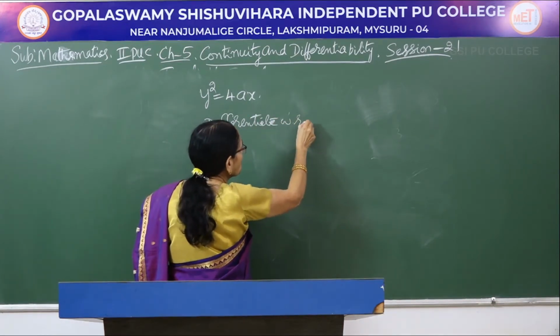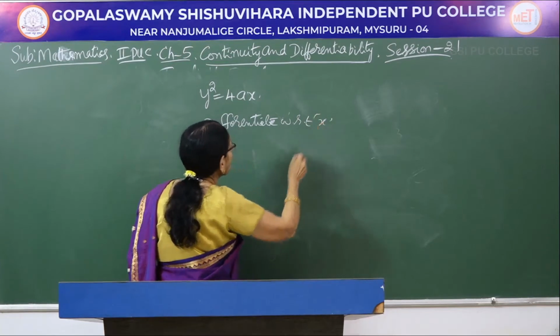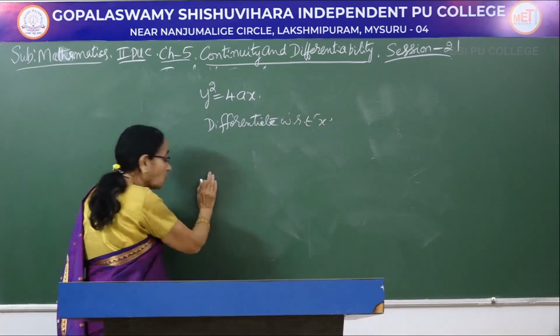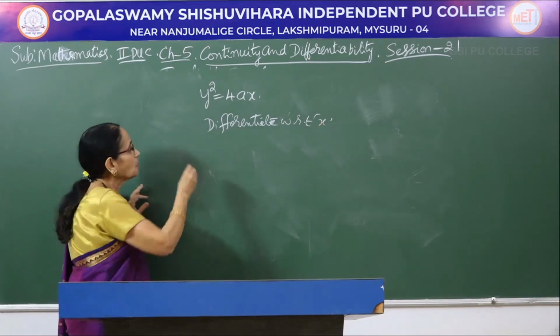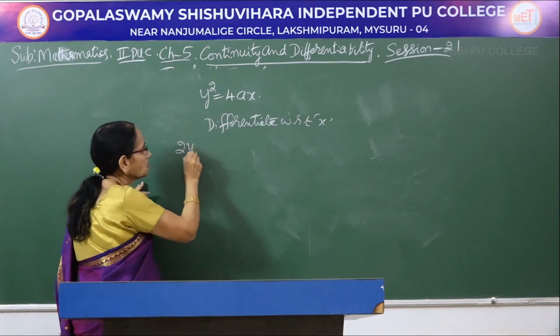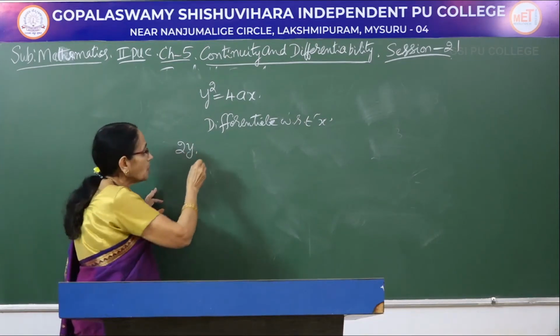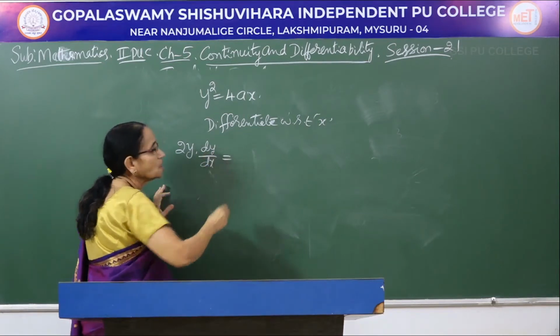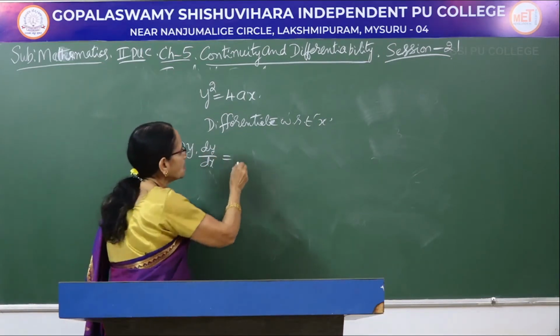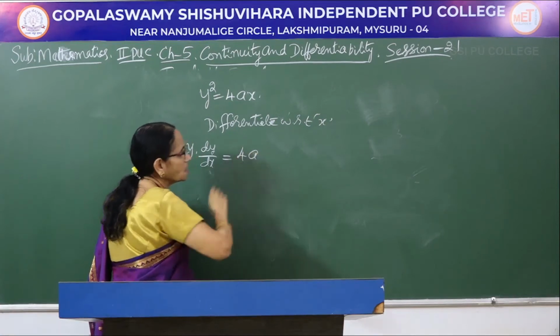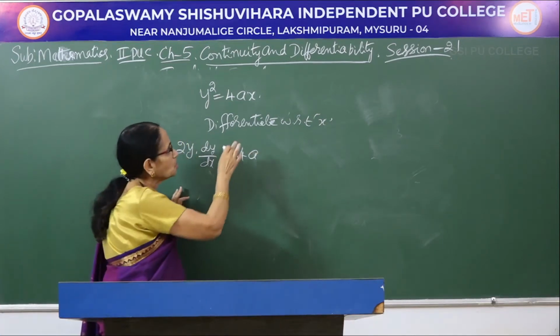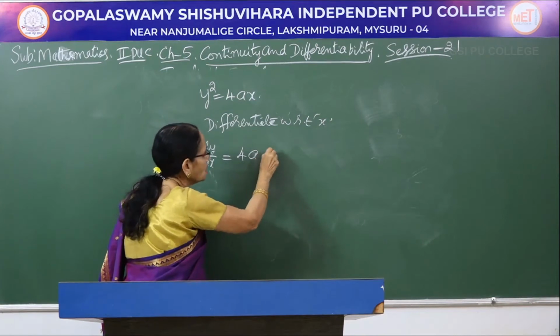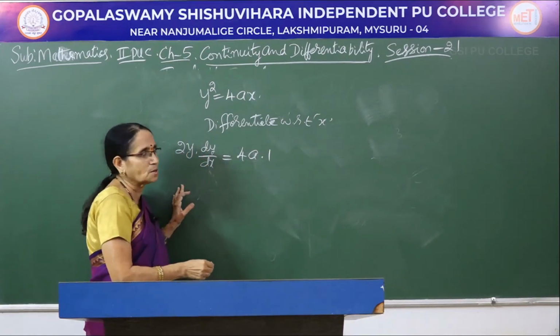with respect to x. Now, y, if you write y, it is a simple function. Y square means it becomes 2y, but y has to be differentiated with respect to x. It is dy by dx. Right hand side, 4 and a, they are constants. So, we have to keep them as they are, and the derivative of x is 1.